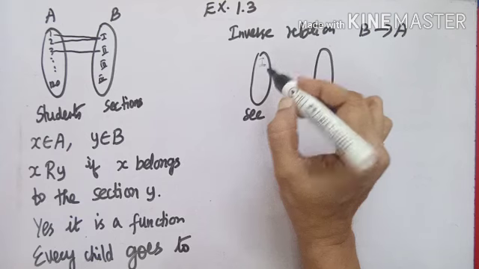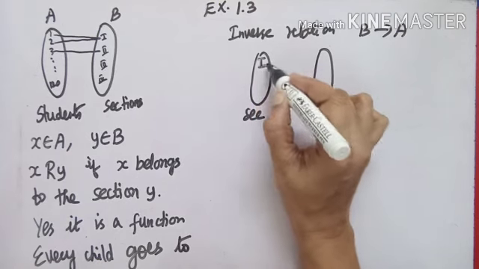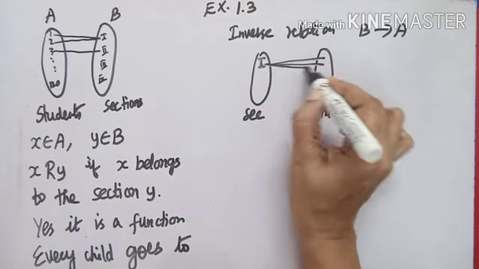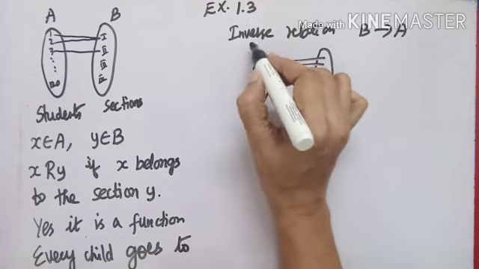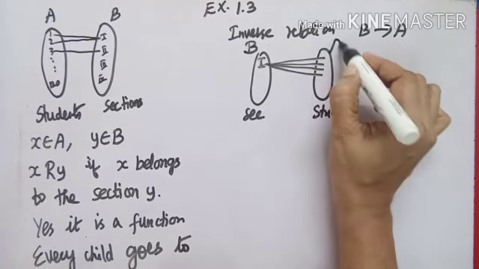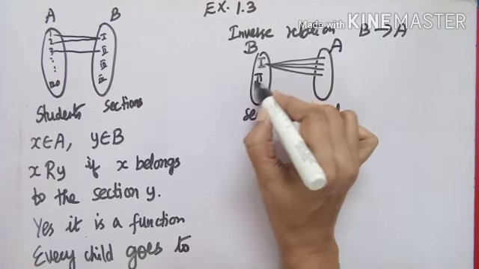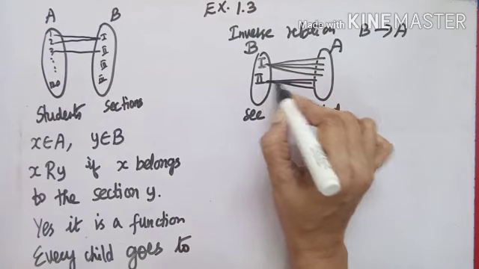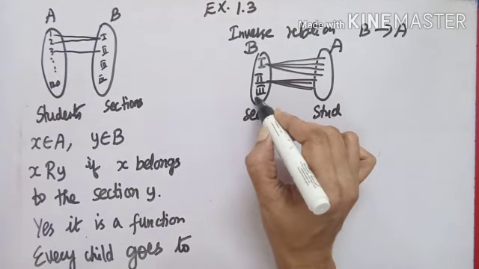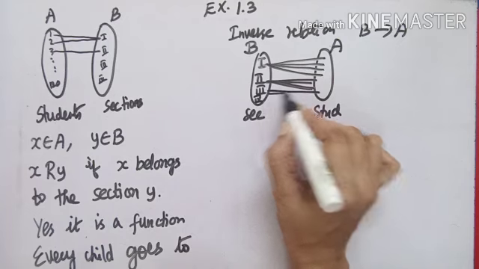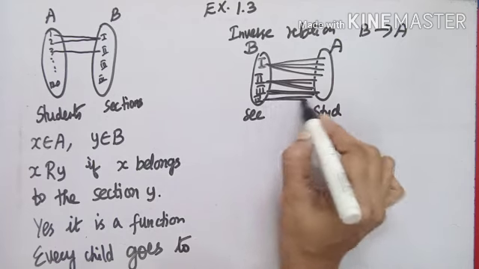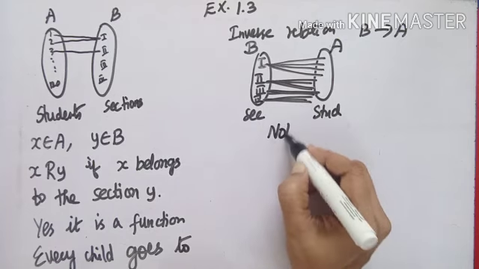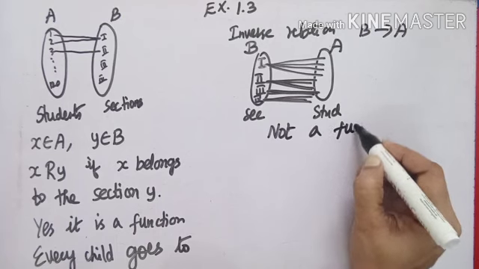See, first section will have too many students. This is B and this is A. Second section will have too many students from here. Similarly, third and fourth, they also will have many. So this is not a function.